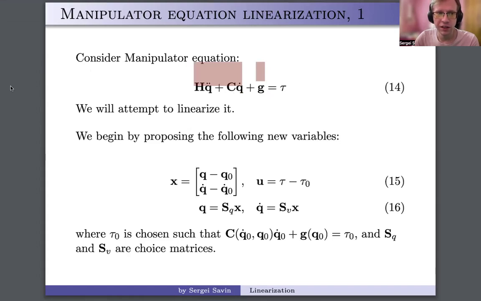So notice that we could express Q double dot from here as long as the matrix H is invertible. Then we just transfer everything else to the right-hand side, multiplied by H inverse, and we get Q double dot.